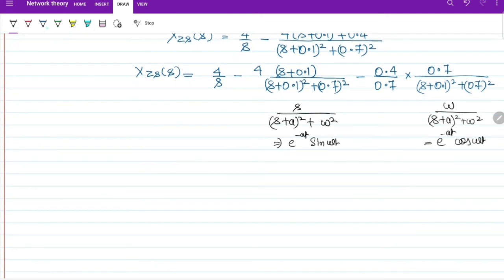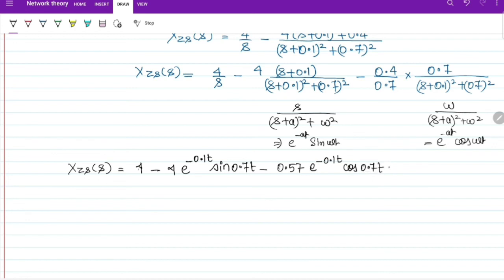So we can write this equation as, if we take the inverse Laplace transformation, x zs will be 4 u of t minus 4 e to the power minus 0.1 t cos 0.7 t minus 0.4 divided by 0.7, which is nothing but 0.57, e to the power minus 0.1 t sine 0.7 t, into u of t.